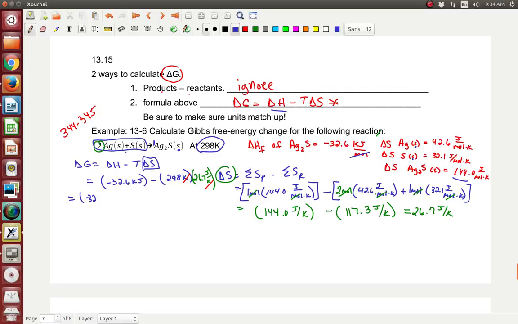Alright, negative 32.6 kilojoules minus 298 times 26.7. 298 times 26.7 is 7,956.6. I'll write that down.